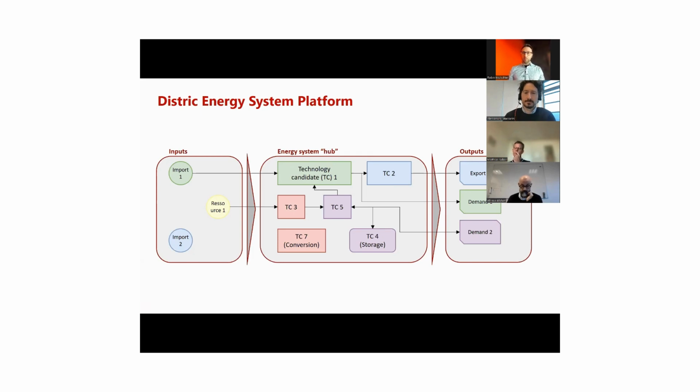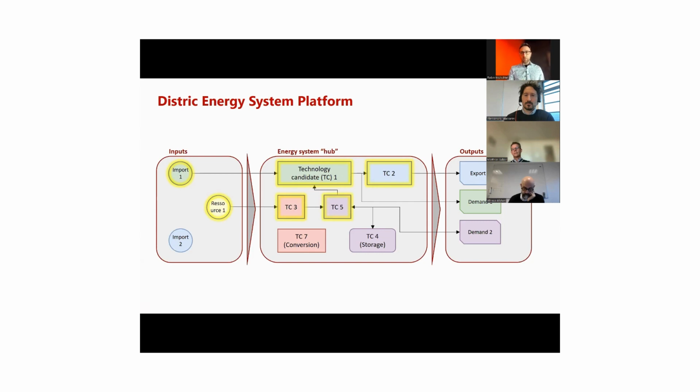And this is the beauty of the MILP method. We do a holistic analysis of the system with all the technology candidates. For example, here we decide that we combine the import of an energy carrier with a conversion technology. We further convert it, and then we fulfill an export requirement.